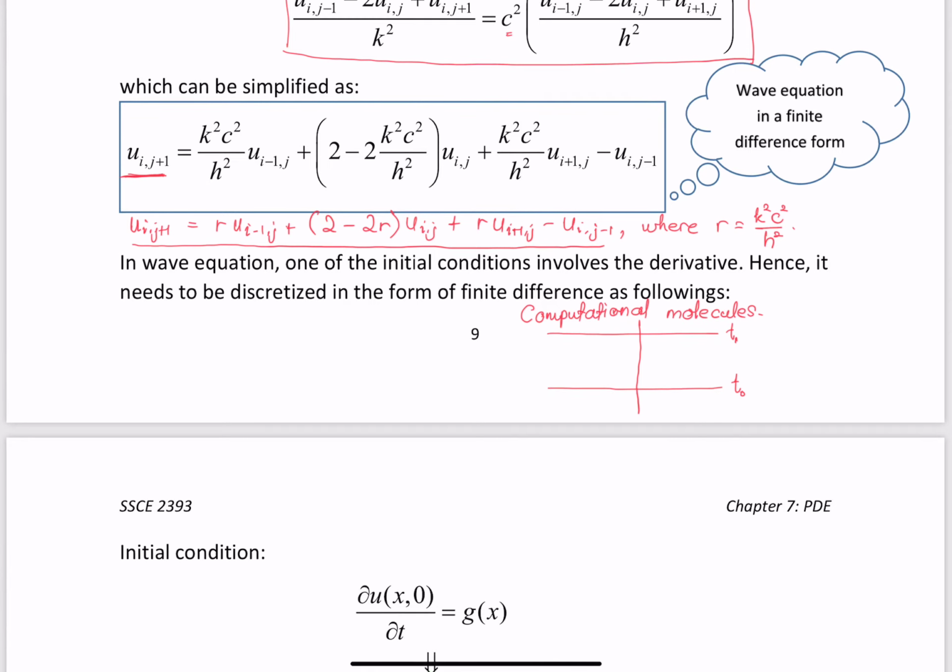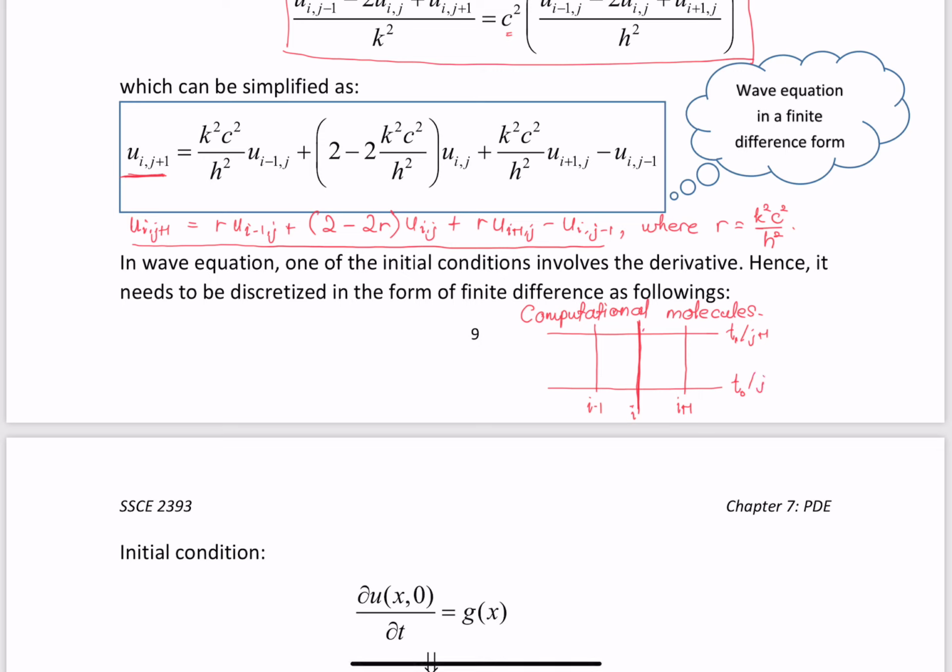For the vertical one we have i in the middle here, and then on the right we have i plus 1, and on the left we have i minus 1. So what we want to find is u i j plus 1. So let's take t1 as our j plus 1 and our t0 as j.